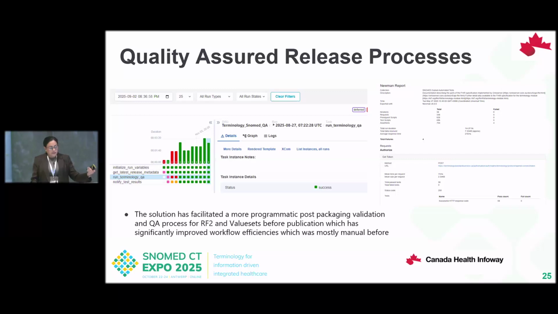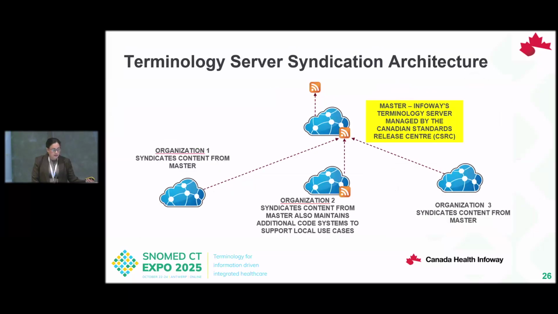On the left-hand side, you see a snapshot of the Airflow, which gives us a status of how things are looking as the RF2 goes into staging. On the right-hand side is the Newman report. This is a handy report that spits out the outcome of our refset validation very quickly, and has saved us a lot of time compared to the validation we had to do manually in our legacy server. So that's a really great plus for us.